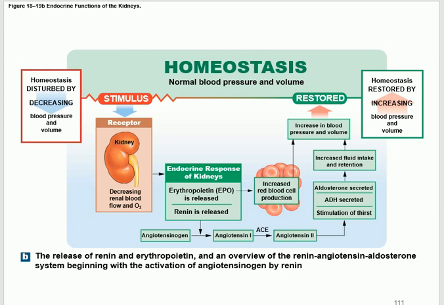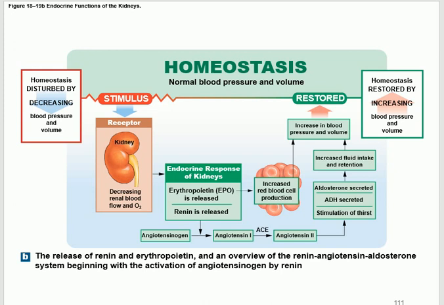ADH, I talked about it before, anti-diuretic hormone, the hormone that's against diuresis. So you don't make a lot of urine. How? Reabsorption of water. And then what? Adding to the blood volume, increasing blood pressure. How about aldosterone? What's the function of aldosterone? We talked about it.